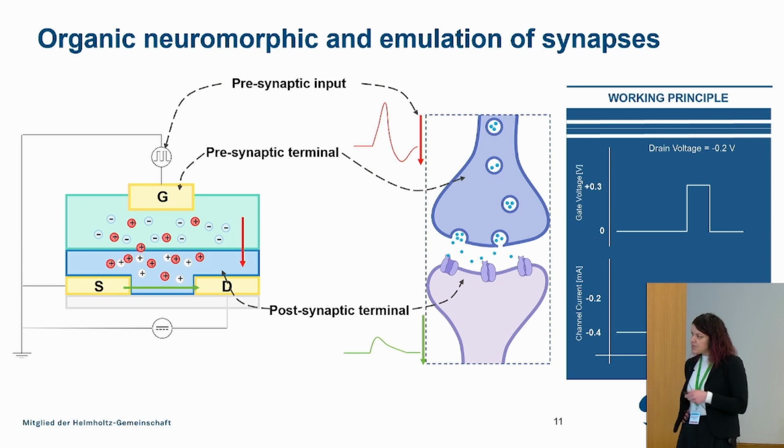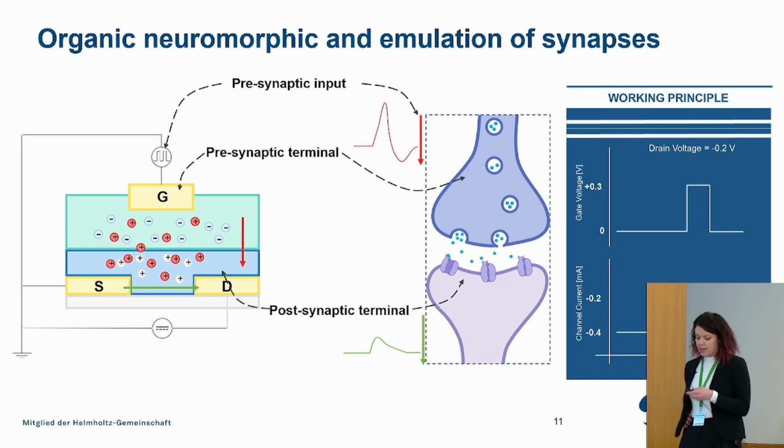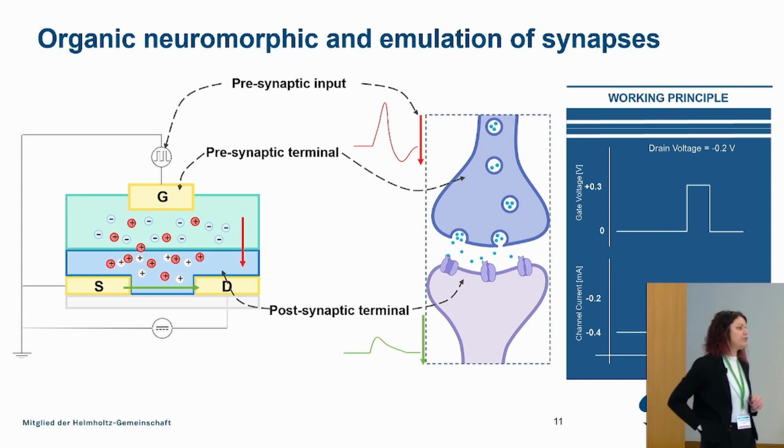And what is interesting here is that we can mirror the neurotransmitter release and its effect in a living neuron as the ionic migration from the electrolyte towards the PEDOT:PSS channel, which of course results in an output current, so in a modulation of the conductance of the PEDOT:PSS, which in our case can represent the synaptic weight of this synapse. And of course, this can be seen as the action potential then generated in the second neuron.